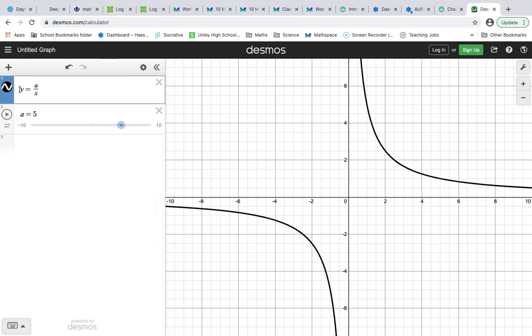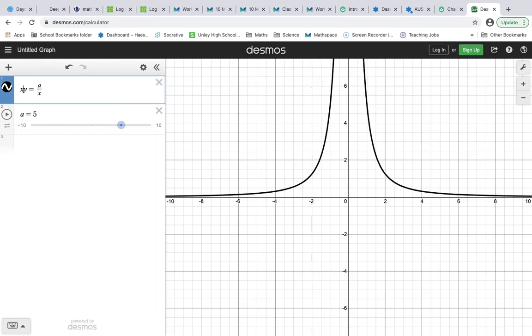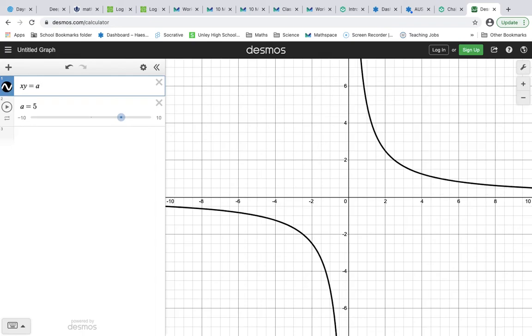In your textbook, they're going to start questions looking at the hyperbola in this form. So let's quickly discuss that. When we've got xy equals a, the idea is that a is some constant value.